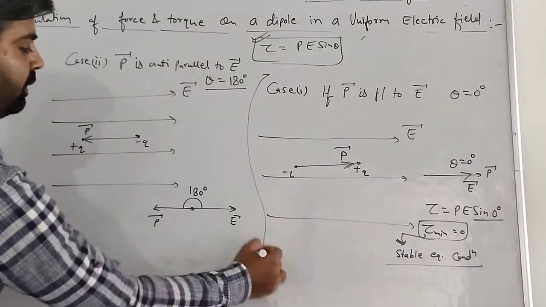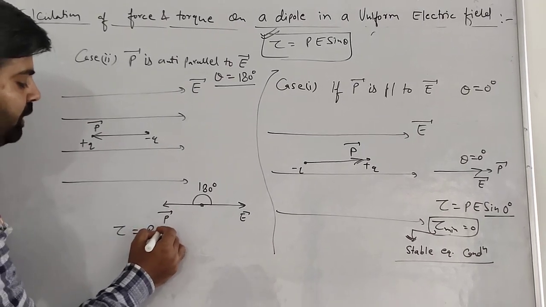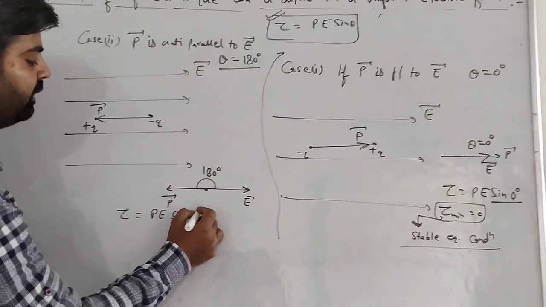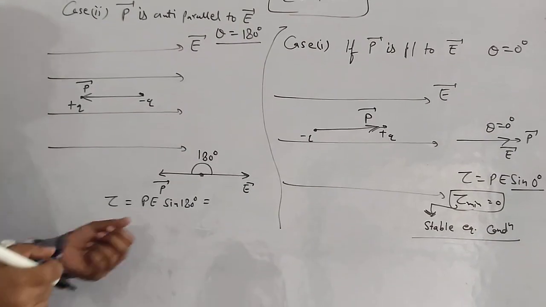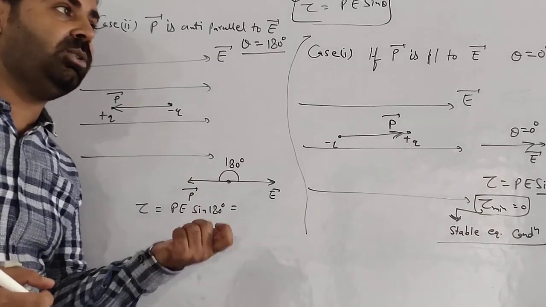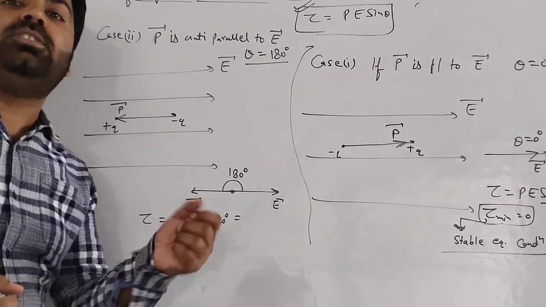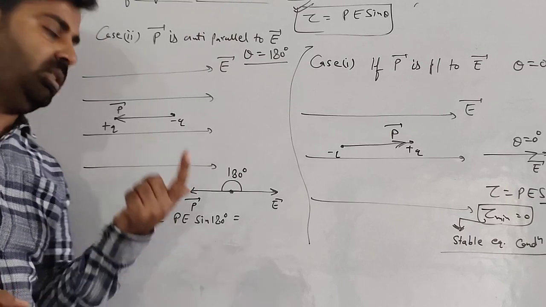In this situation, tau is equal to PE sine 180. Sine 0, sine 180, sine 360, or we can say sine 0, sine pi, sine 2 pi, sine 4 pi, up to sine 2n pi, value is always 0.